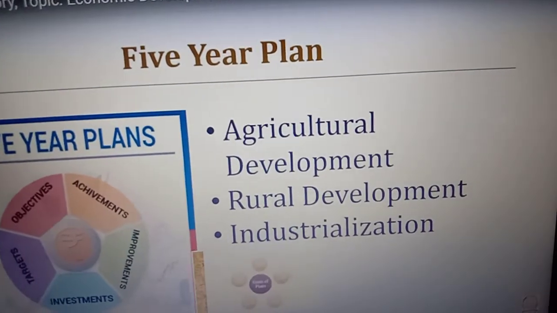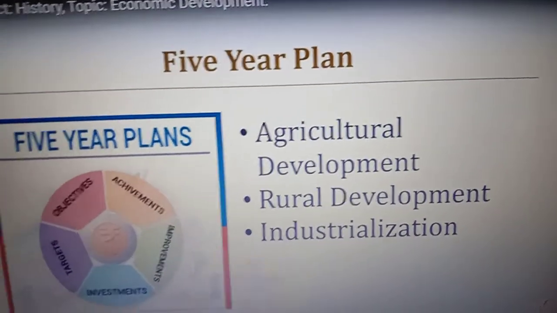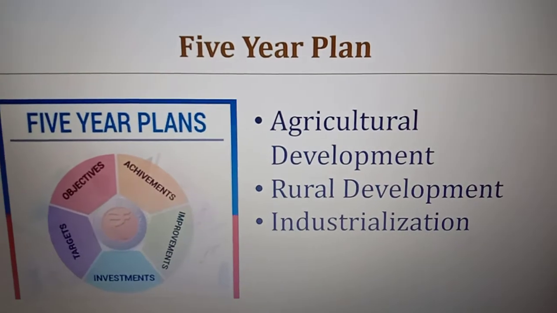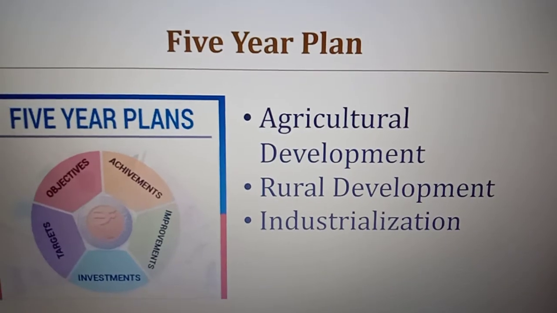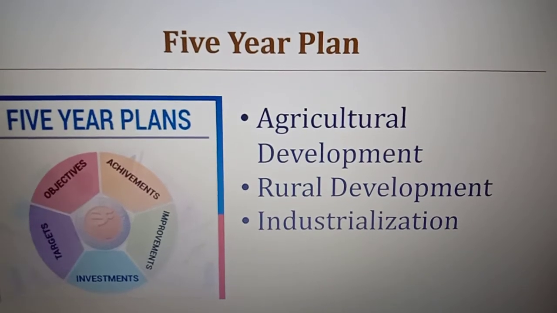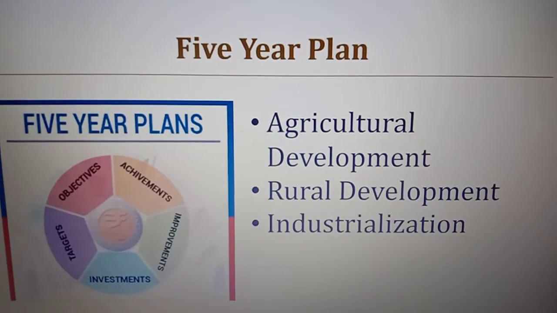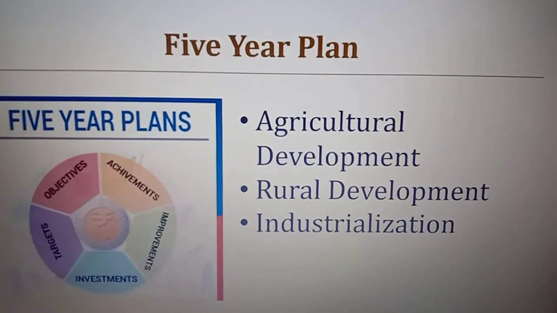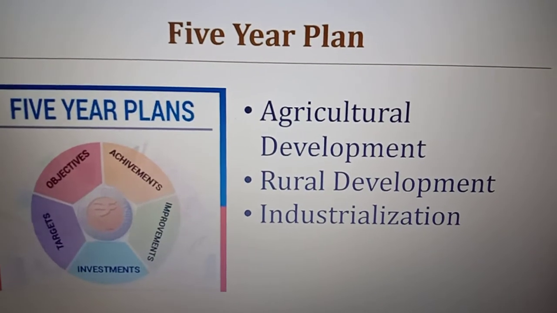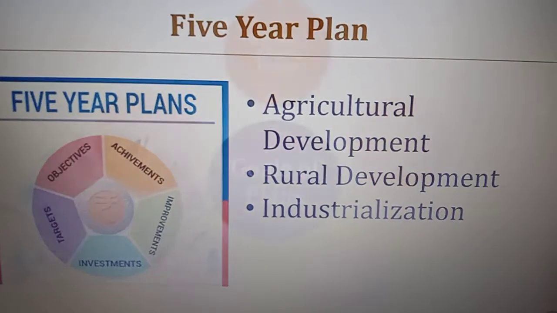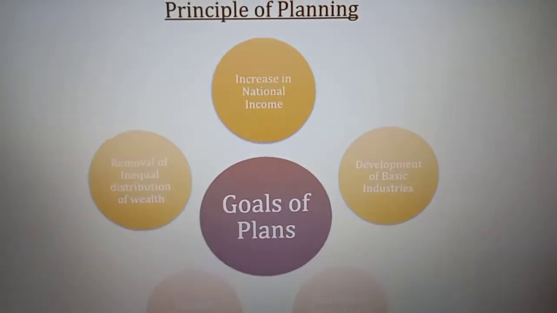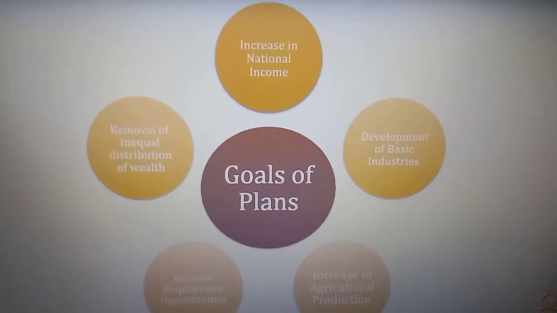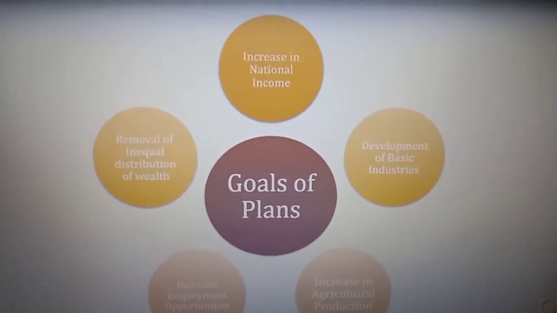So in 1950, India established the Planning Commission with the Prime Minister Pandit Jawaharlal Nehru as its chairman, and they decided to formulate India's 5-year plan, which includes rural and agricultural development, as I told you, balanced industrialization, minimum standard of living and economic development consistent with democratic ideals.